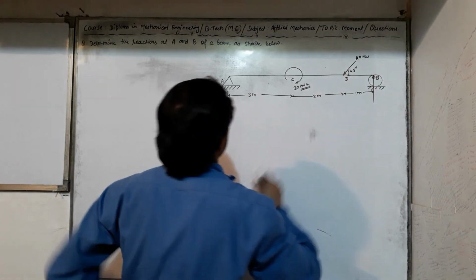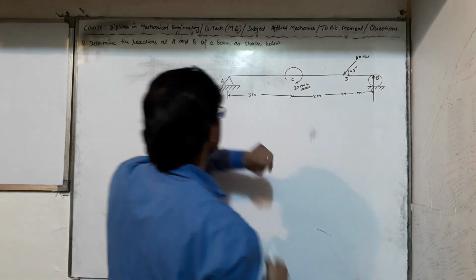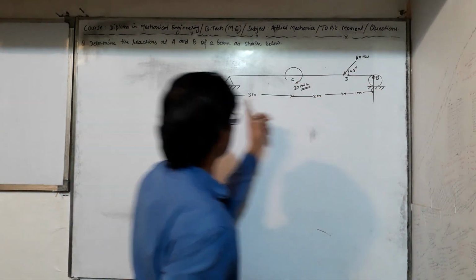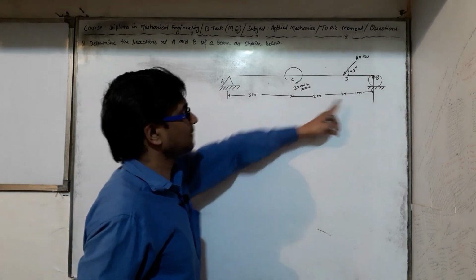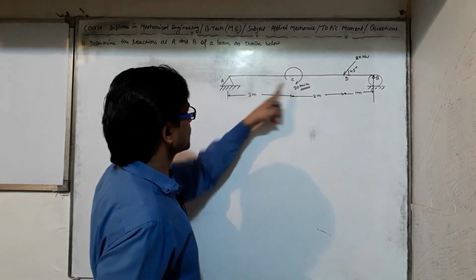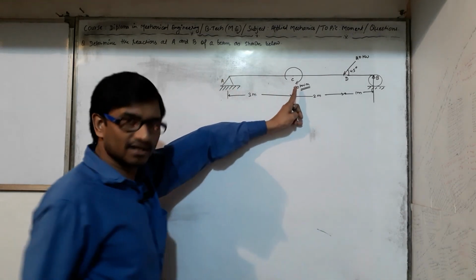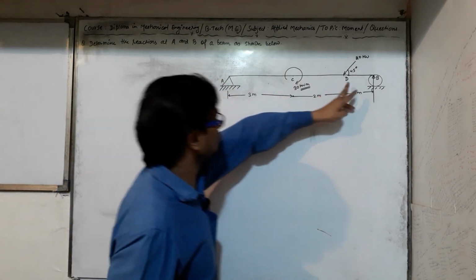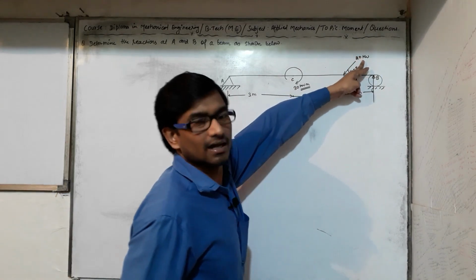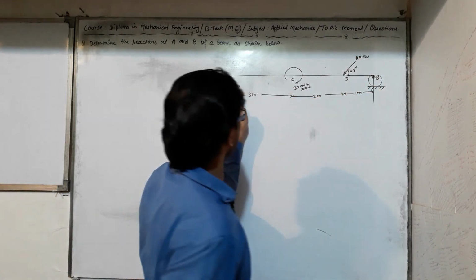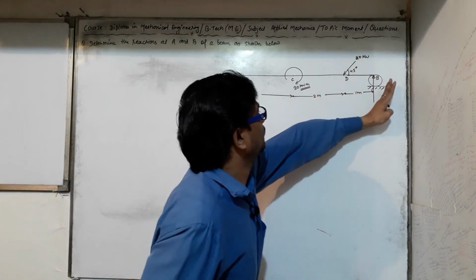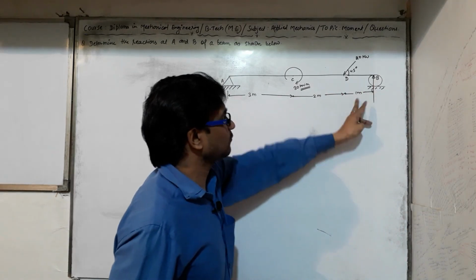Now this loading diagram is given here. There is a beam AB, total span is 3 plus 2 is 5, plus 1, 6 meter. At a distance of 3 meter from one end, that is point A, an external moment is applied, and at point D, one load is acting at an angle of 45 degree, at 1 meter distance from the rightmost end.